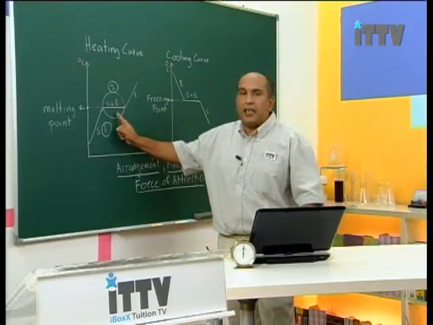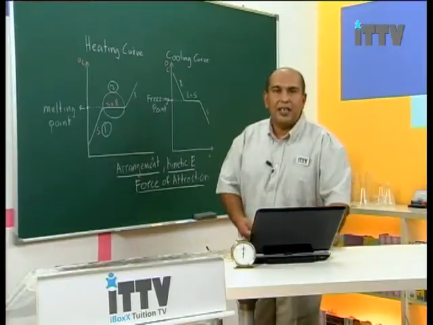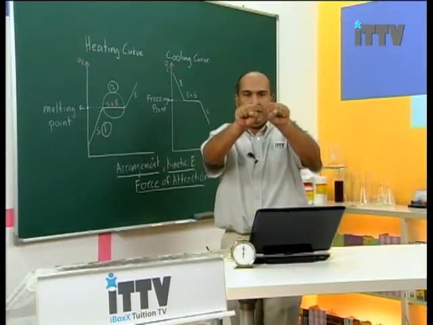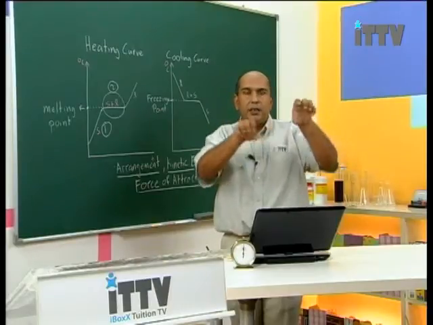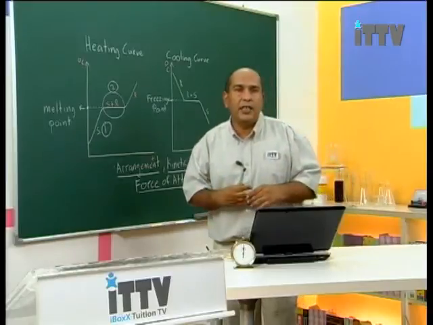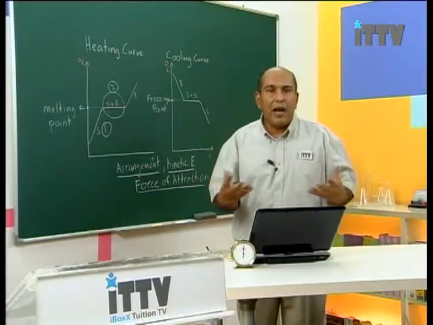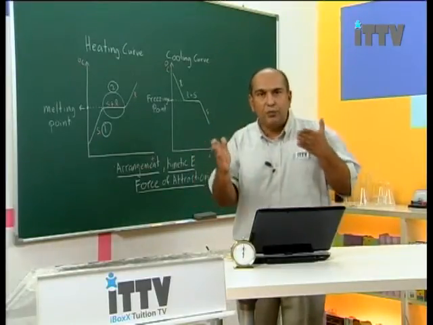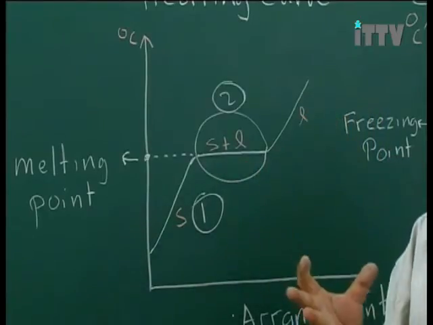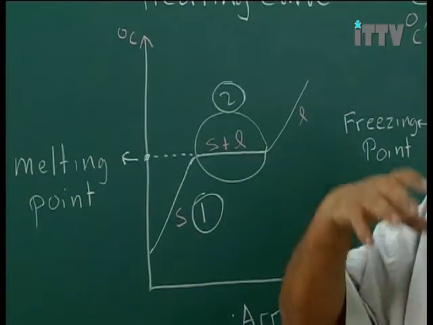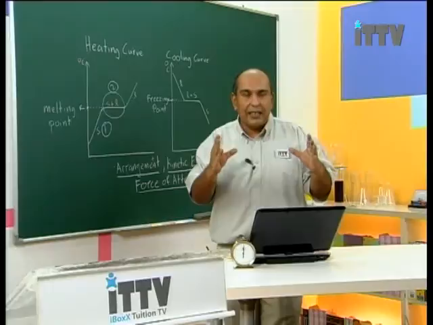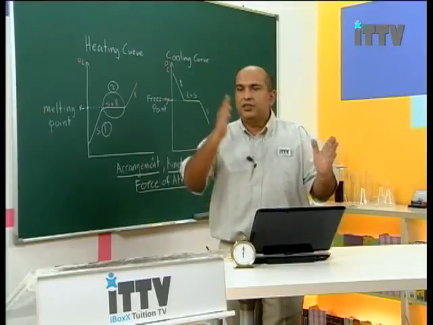What is happening here is our particles are moving further apart. That solid structure is changing into liquid. Particles that had a fixed position and vibrated only now move out of their position and start to move slowly. What happens here? Heat absorbed is used to overcome forces of attraction until solid changes to liquid.